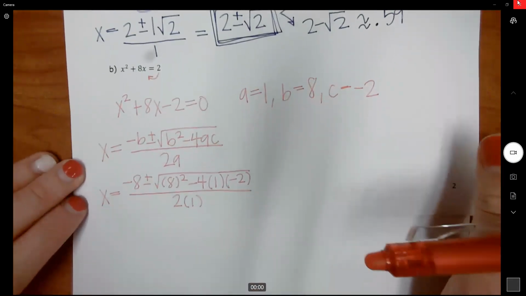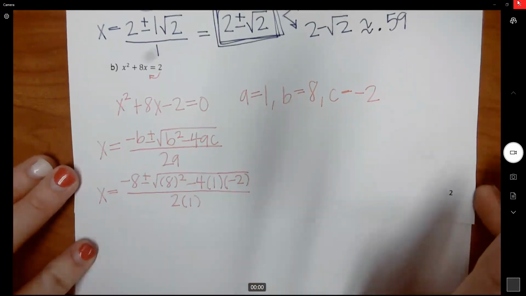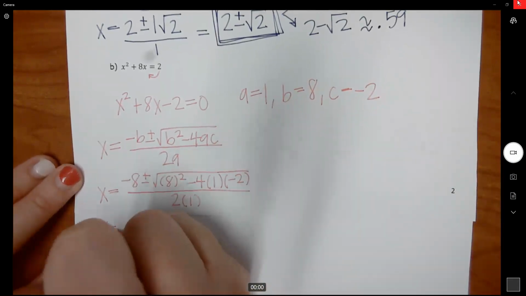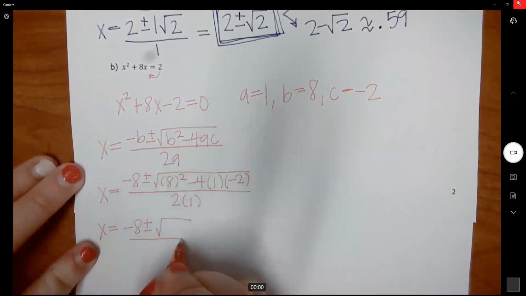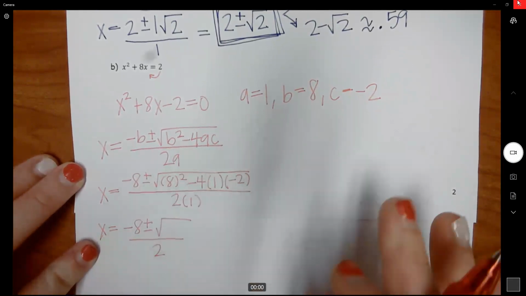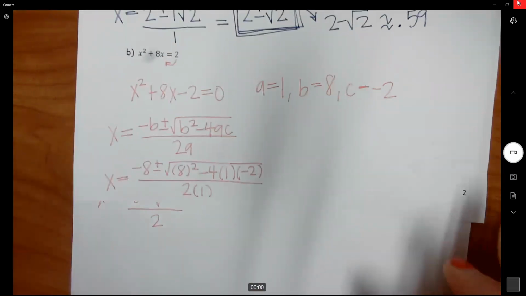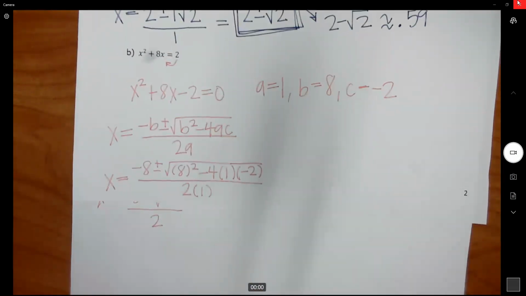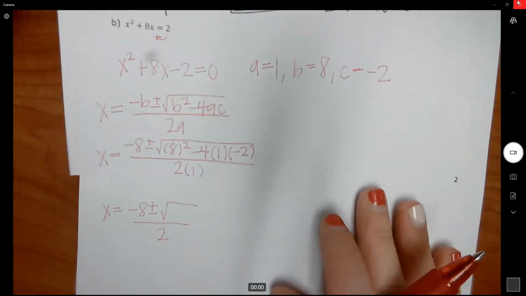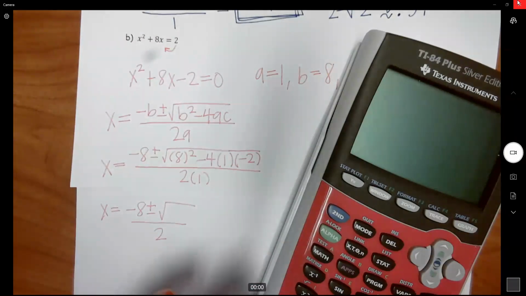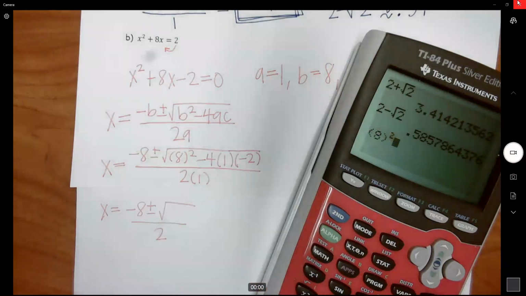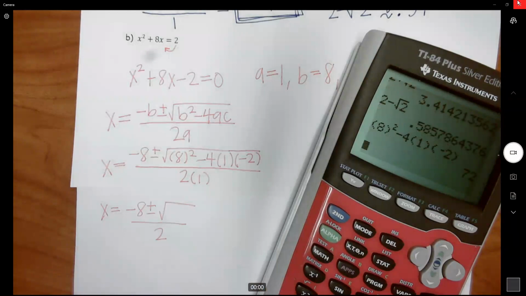So let's simplify. I've got x equals negative 8 plus or minus the square root. 2 times 1 is 2. So let's figure out what goes under that radical. I have 8 squared minus 4 times 1 times negative 2. And we get 72.